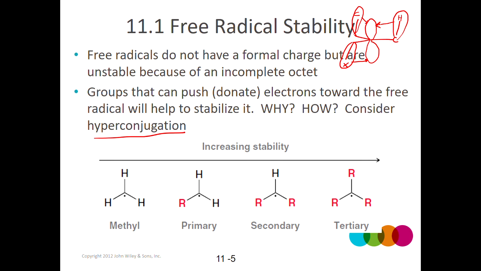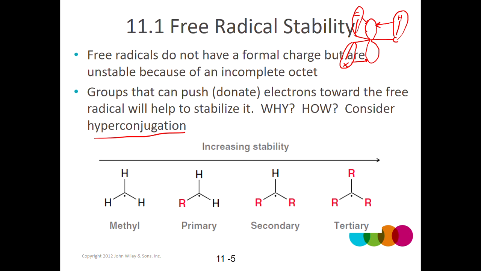It's empty, it needs more electrons to balance its charge, it needs more electrons to complete its noble gas configuration. So it's not as stabilizing as resonance because the orbital overlap is not very effective, and these sigma electrons aren't really available to shift readily. They can just donate a little bit of electron density in there, which helps to stabilize it only slightly. So the hyperconjugation is significantly stabilizing, but not nearly as much as resonance.